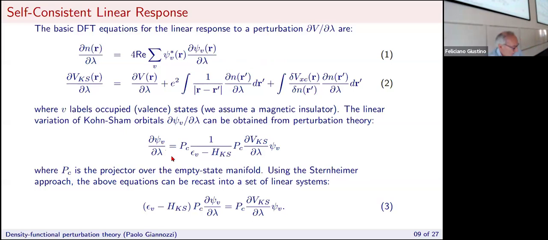Yes. So you're asking whether this quantity, this derivative of the wave functions, the Kohn-Sham orbitals with respect to lambda, whether they are orthogonal. Well, for sure they have to be orthogonal to the valence manifold. By construction, well, not by construction.